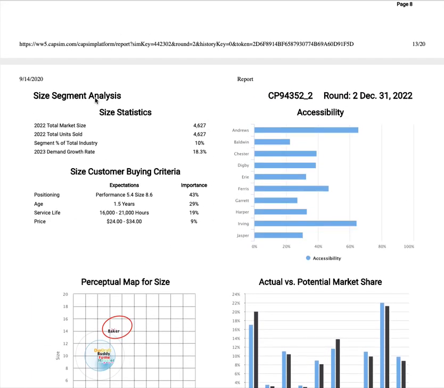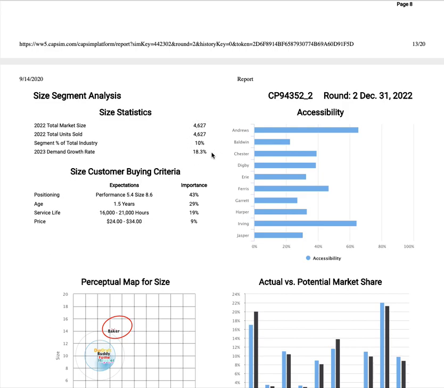So actually after these five market segment analyses, I also want to point out at last that you need to see the market size, how much product you think the market will actually buy, and also think about the demand growth rate. What you need to calculate is the 2023 figure times the growth rate, plus the regional market size, and you can find out how many products the market is going to demand.